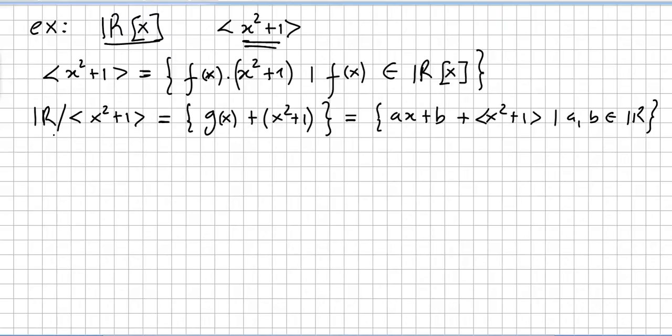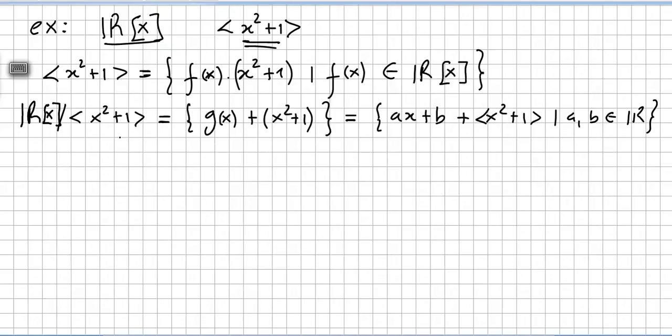This is wrong here. I'm sorry. This should be Rx, the polynomials. Okay, so the factor ring of the ring of polynomials by the principal ideal generated by x squared plus 1.